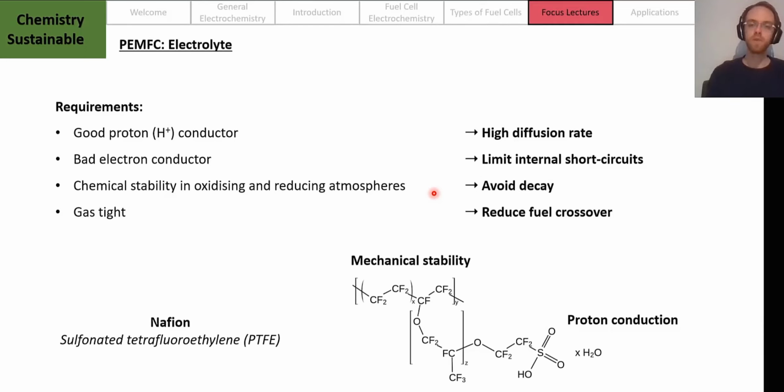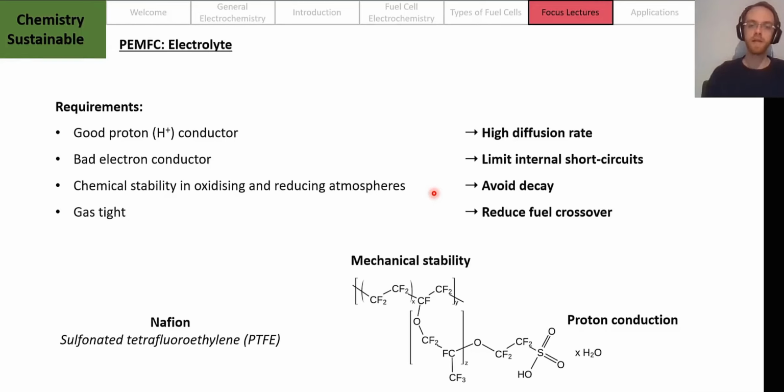So of course we want to keep an intricate contact between the electrolyte and our cathode and our anode in order to provide the possibility for efficient ion transport from the electrode into the electrolyte.